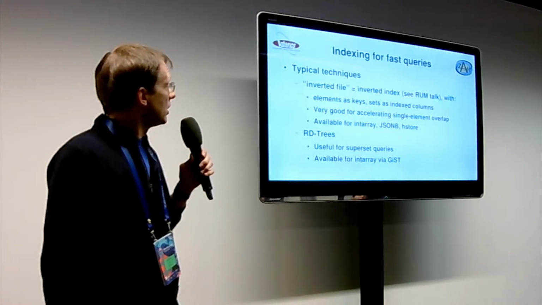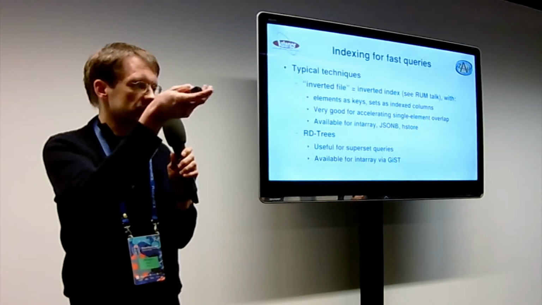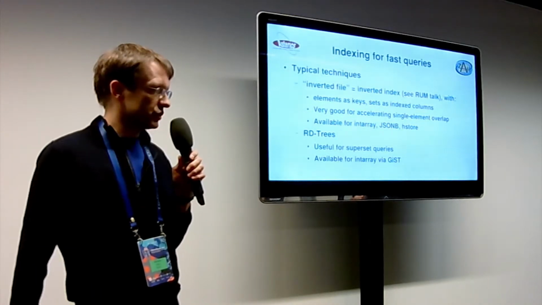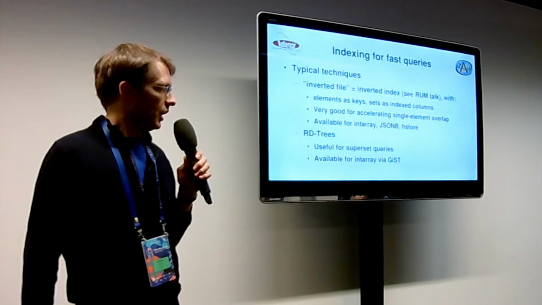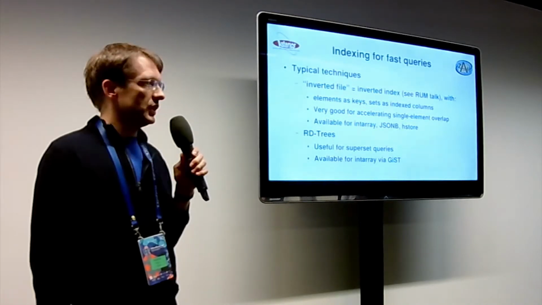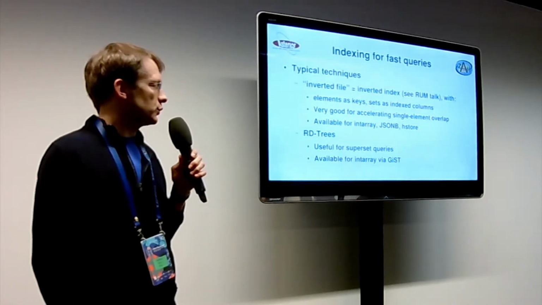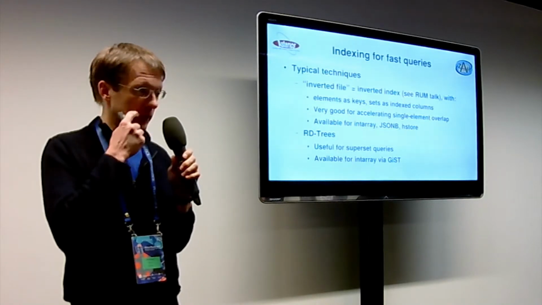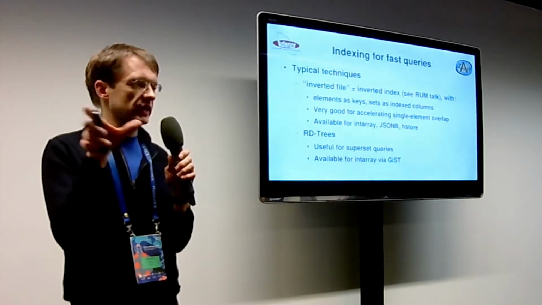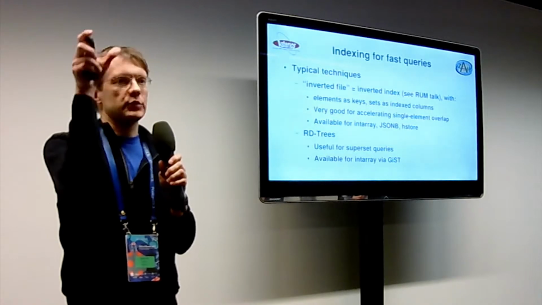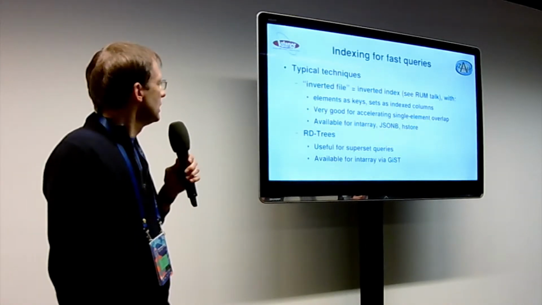So it just works like this. This is just a short catch up. The set elements are used as keys, and the whole sets are the data types of the column that you index.